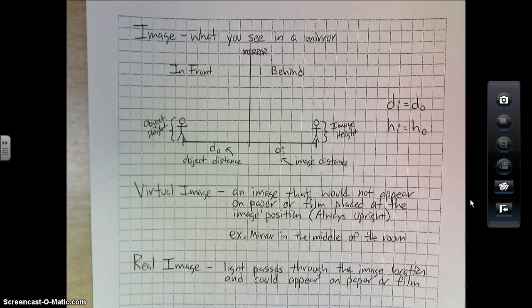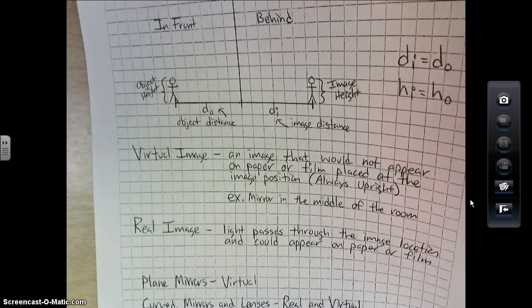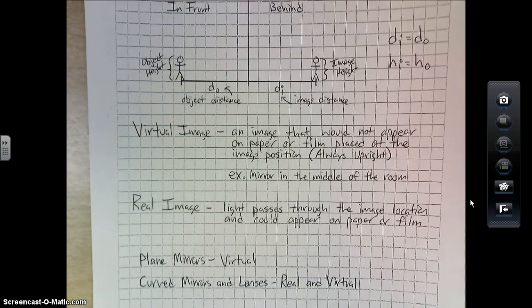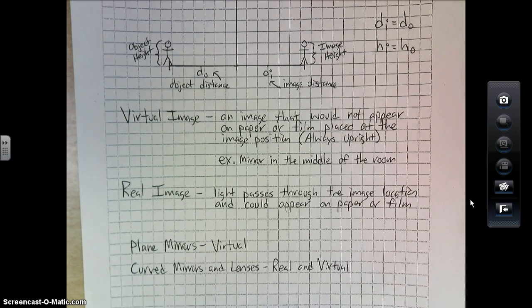Okay, so then we have to talk about different types of images. We have two different types of images: a virtual image or a real image. If you look at the definition for a virtual image, it says an image that would not appear on paper or film at the image position. And I have on there an example of a mirror in the middle of a room.